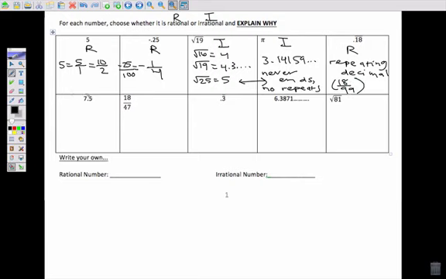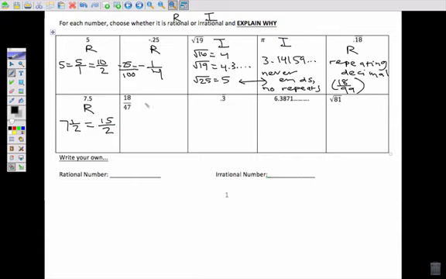All right, 7.5. This is a terminating decimal. The decimal stops, so it's a rational number. You could write that it's a terminating decimal. I'm going to say that 7.5 is the same as 7 and 1/2, which is equal to, multiply 7 by 2 is 14 and add 1, so that's 15 over 2.